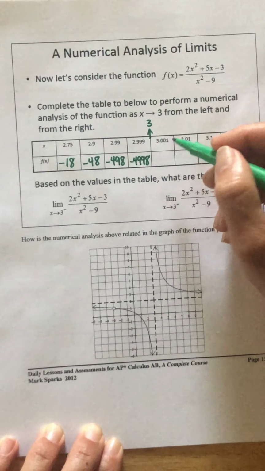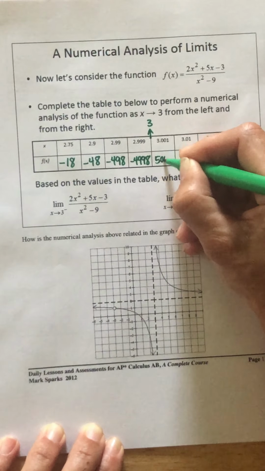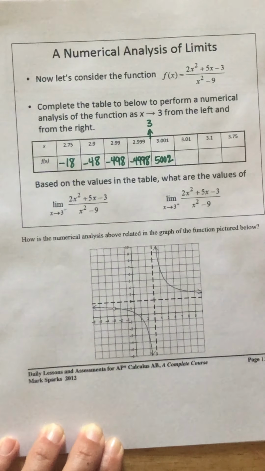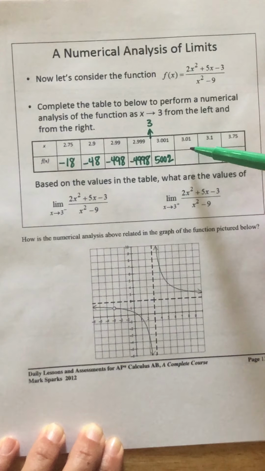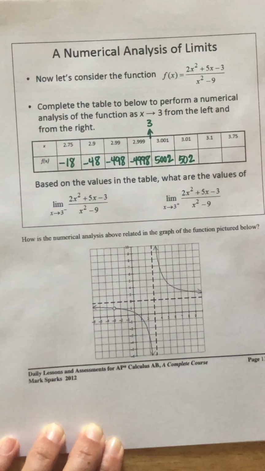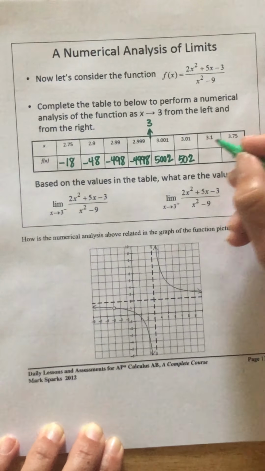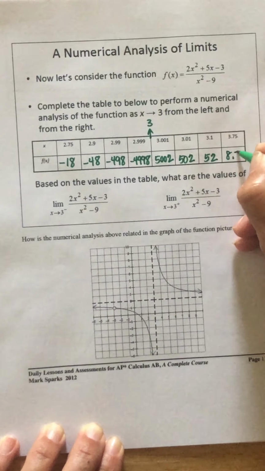And then we hop to 3.001, and now all of a sudden I'm at 5,002. Then at 3.01, I am at 502. And then at 3.1, I'm at 52. And at 3.75, I got 8.7.